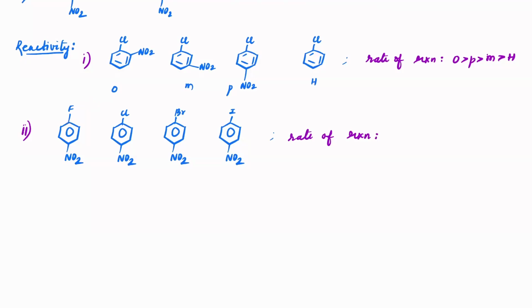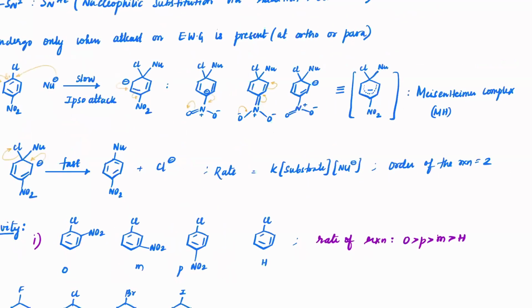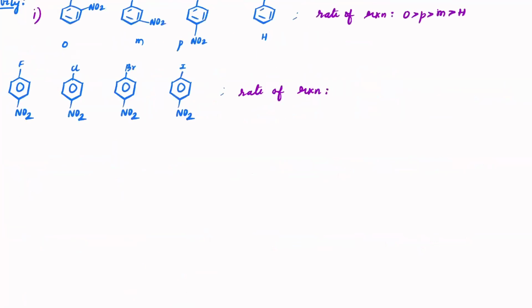And most importantly, what is the stability of the Meisenheimer complex? Okay. So based on this, you will find that the fluorine compound is more reactive than chlorine, than bromine, than iodine, which is exactly unlike the normal SN2 reaction. In normal SN2, I minus is a better leaving group that will make a faster reaction, which is not the case here. Now, why is that?